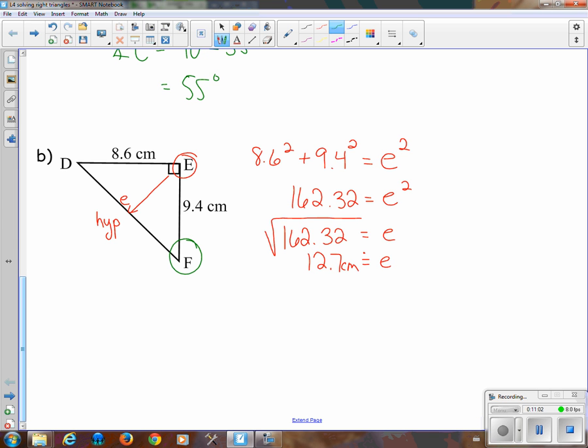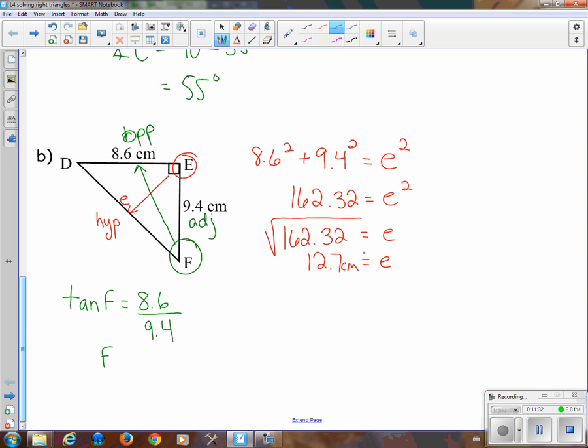So I'm going to look at my triangle and I'm going to label, I picked angle F. So 8.6 is opposite to F, and 9.4 would therefore be adjacent because the hypotenuse never changes. So opposite and adjacent is tan, SOHCAHTOA. So tan of angle F equals opposite 8.6 over adjacent 9.4.